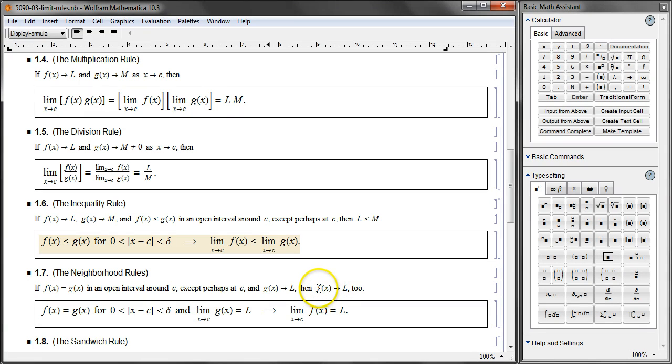In this case, whether f of x converges or not, whether f of x has a limit or not, wasn't clear, but it follows from the property of g. That's the subtle difference between 1.6 and 1.7.